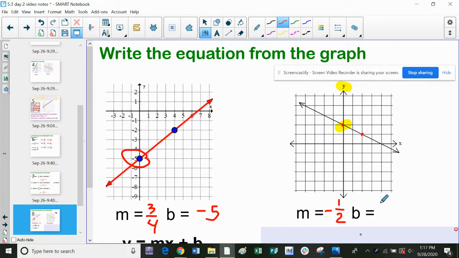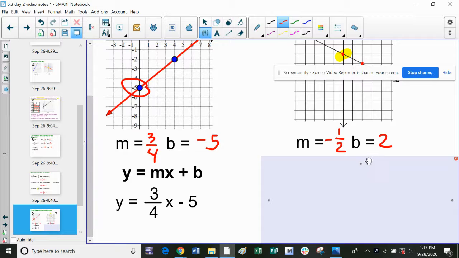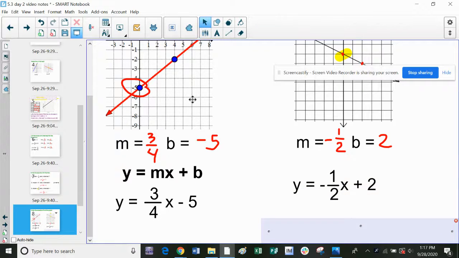So my y-intercept will be +2. Now you can go ahead and fill that into the equation. y equals -1/2 x plus 2.